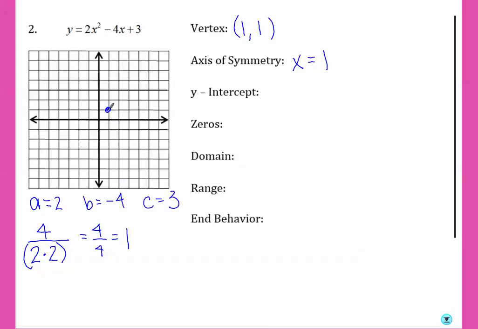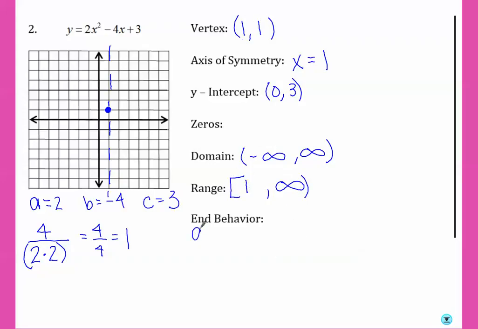So I'm going to plot that on our graph. Our y-intercept will be the point (0, 3), because 3 is our c. Domain's always -infinity to infinity. For the range, since a is positive, we know we'll have positive infinity, and our y part of our vertex.